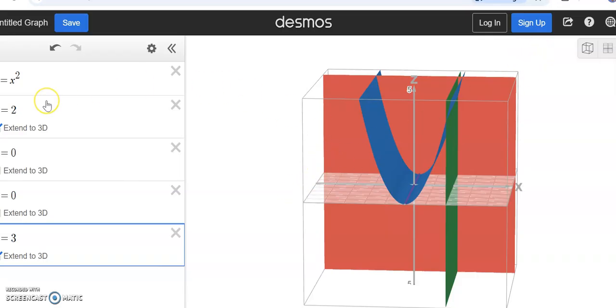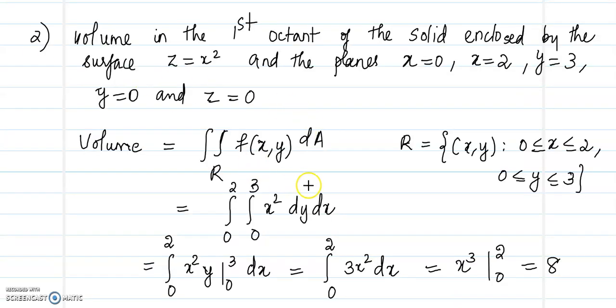So that is how the volume enclosed will look like. So on the xy plane, the rectangular region we have will be 0 less than or equal to x less than or equal to 2, and 0 less than or equal to y less than or equal to 3.